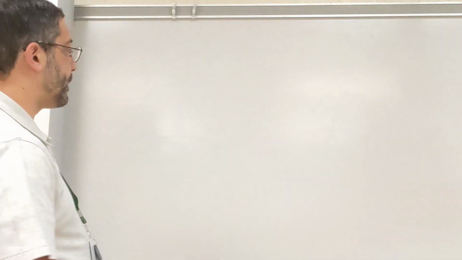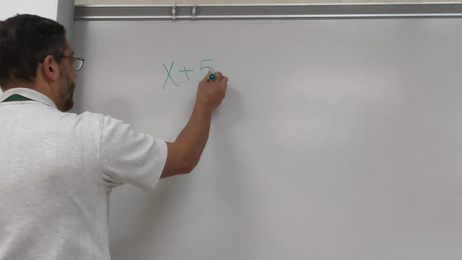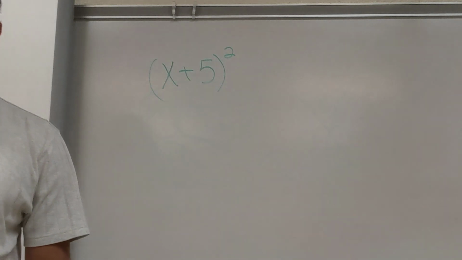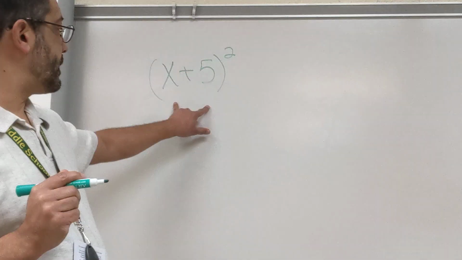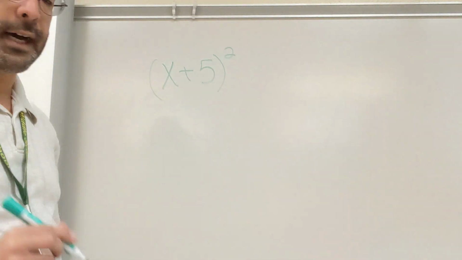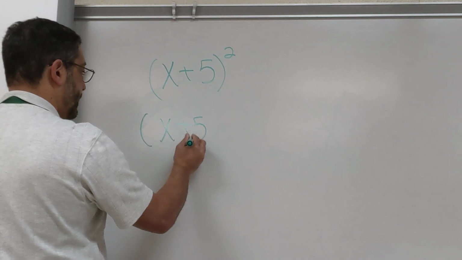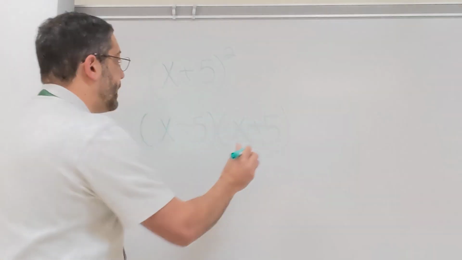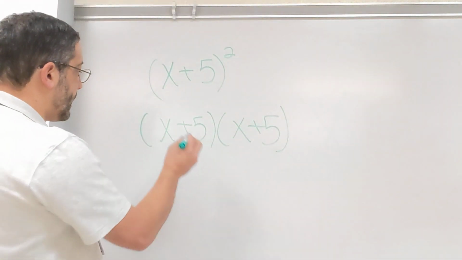If I were to write a problem on the board, such as x plus 5 squared, what that basically means is I'm going to do x plus 5 times x plus 5. So were I to write that out, I would have x plus 5 times x plus 5, because that's what the 2 means, is to multiply it by itself.